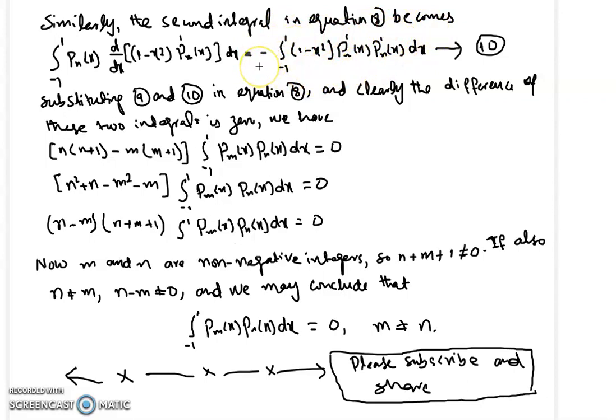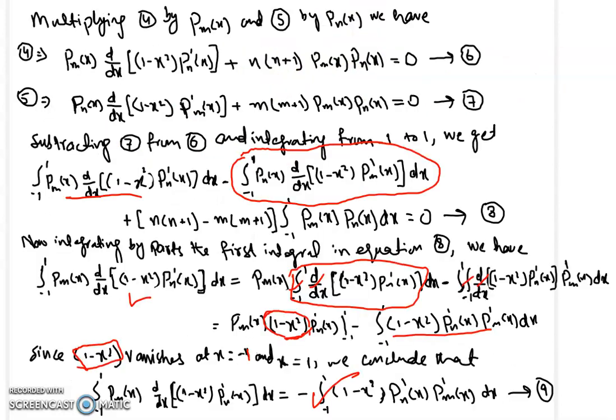Now we will substitute the values of equations 9 and 10 into equation 8, and clearly the difference of these two integrals is 0, because this one is negative times this integral, and this one is also negative times this integral. Both the integrals are the same, so we get minus times this integral value.